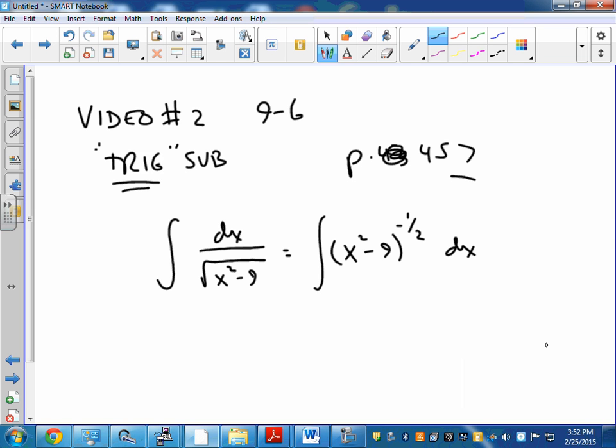And so you might think this is a power rule, u to the n du, but pretty quickly you can see that doesn't work. If this is our u, and the minus 1/2 is the n, the du would have to be 2x dx. We don't have a 2x dx. We had no problem with the 2, but we can't introduce a variable into the integrand. So this is not a power rule the way it stands.